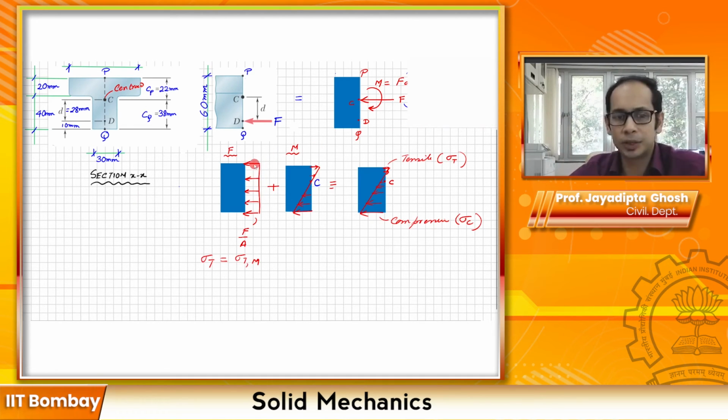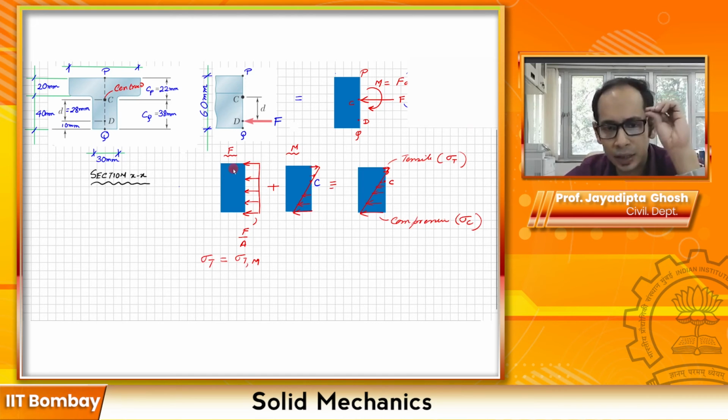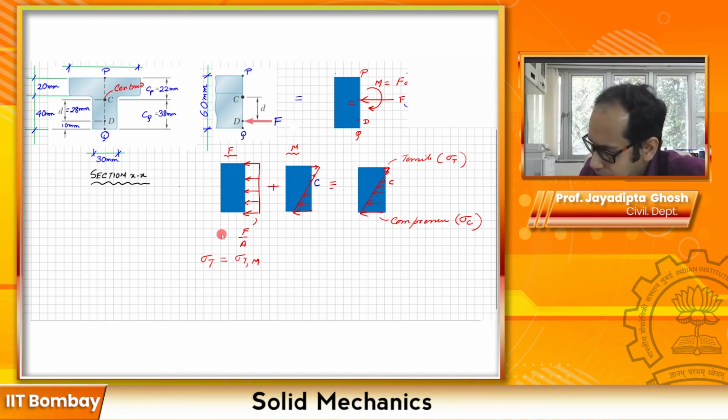Since this is compression, this is where you take the logical symbols. The tensile I have marked as positive, so I have not attached a negative sign. Then in addition to that I have to attach this one, with a negative sign because it's compressive. So this is again logically what you do over here: F divided by A.